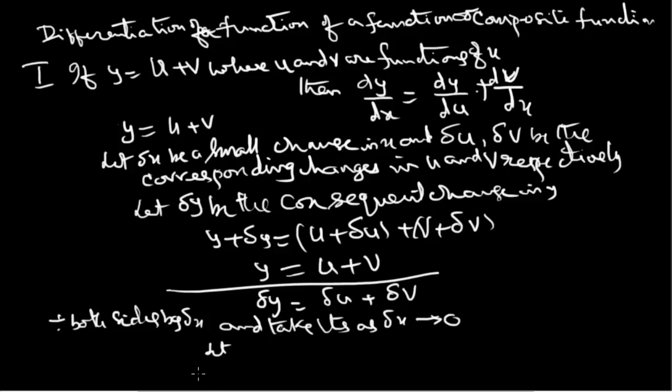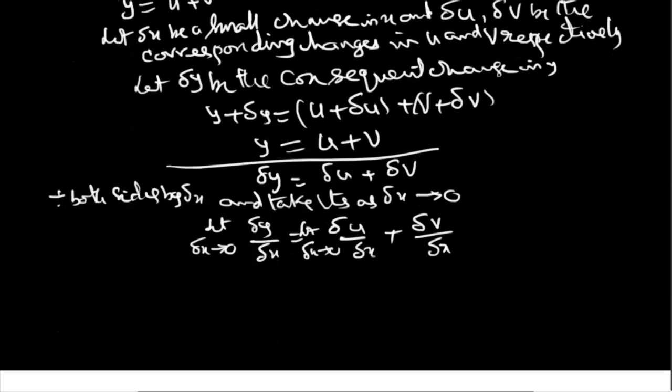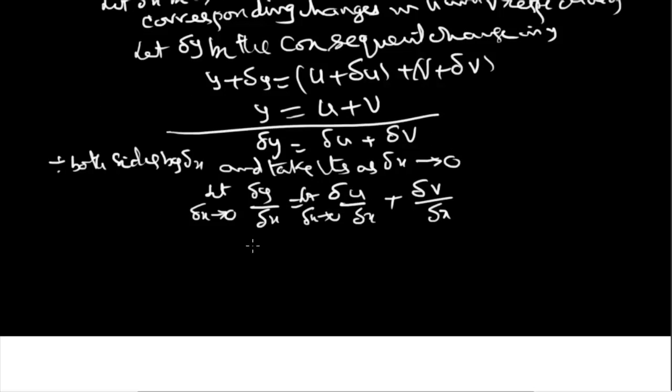So limit delta x tending to 0, delta y by delta x is equal to limit delta x tending to 0, delta u by delta x plus delta v by delta x. So by convention, left hand side becomes dy by dx. Right hand side also by convention, this becomes du by dx plus this becomes dv by dx.